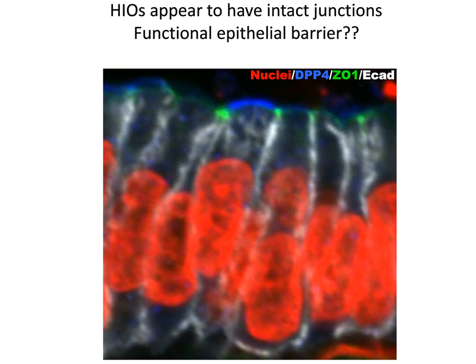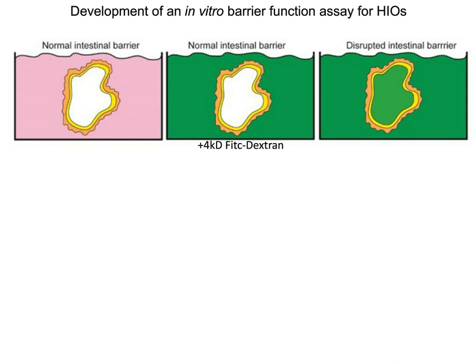And so this is a cartoon schematic of an assay that we use that has been used by others both in vitro and in vivo, whereby if you think about one of these organoids, as I had said, as kind of a fluid-filled ball, the organoid is represented by this yellow and orange structure, with the yellow being the inner epithelial layer.